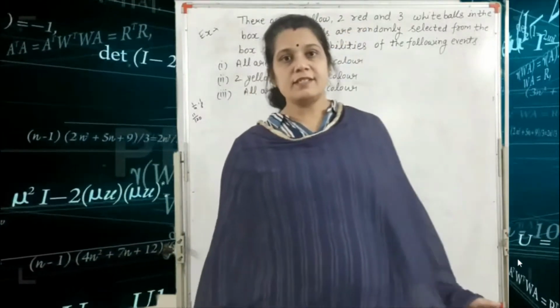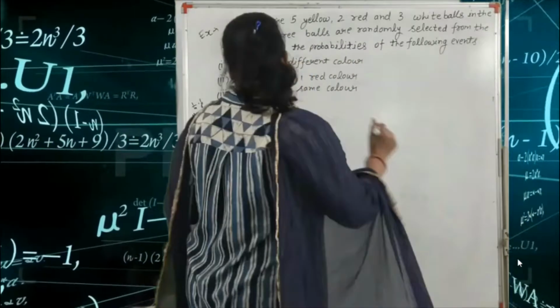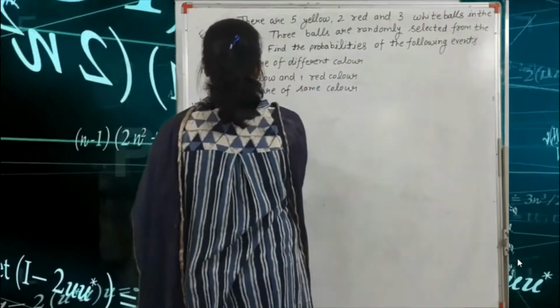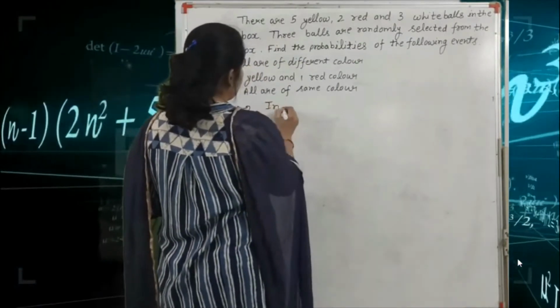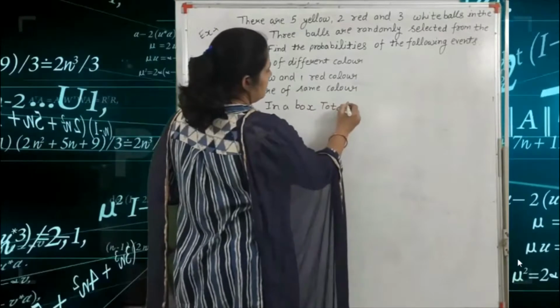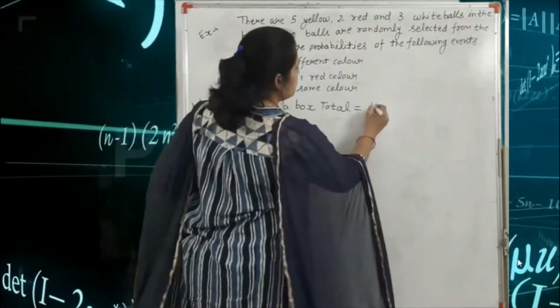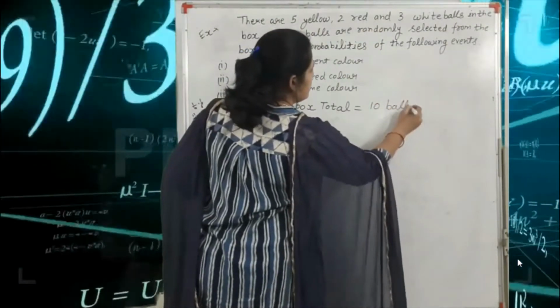So first we write the total balls. The solution is that in a box, 5 plus 2 is 7, plus 3 is 10. So total balls is 10.